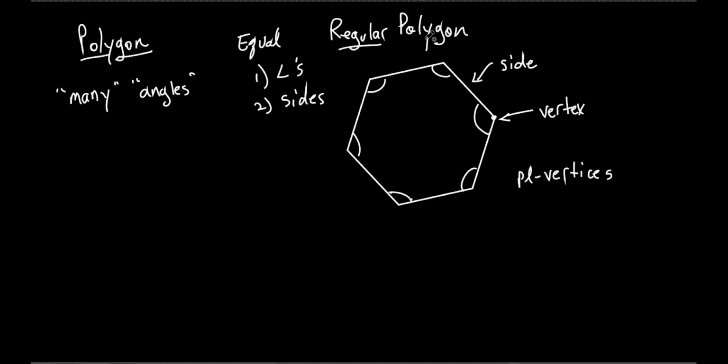I don't know what chapter, I can't keep all the chapters straight, but sometime in the future we will be doing some math with regular polygons. Kind of complicated stuff, but right now we're just learning vocab, the names of these things.